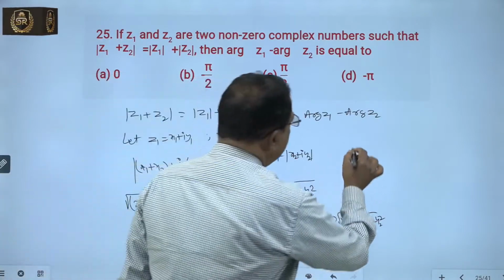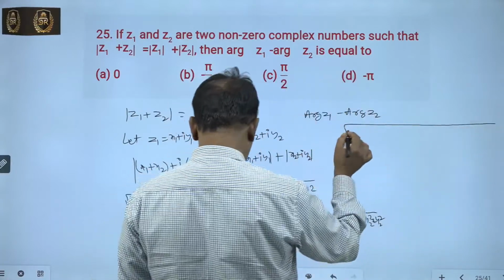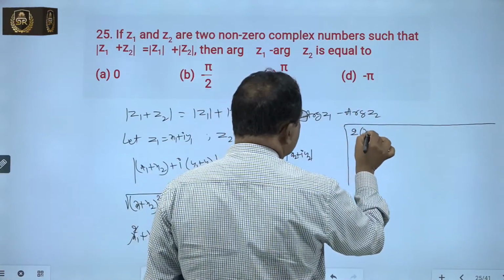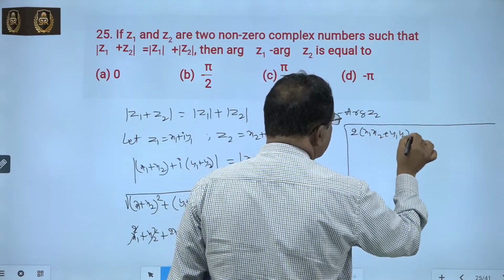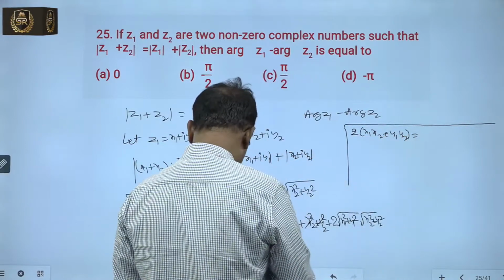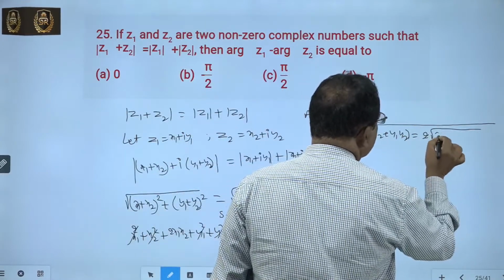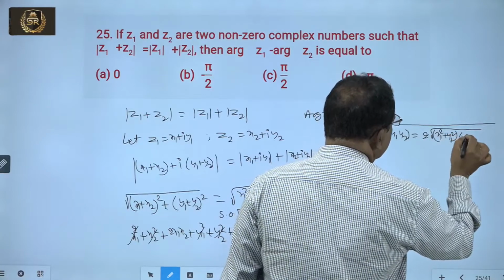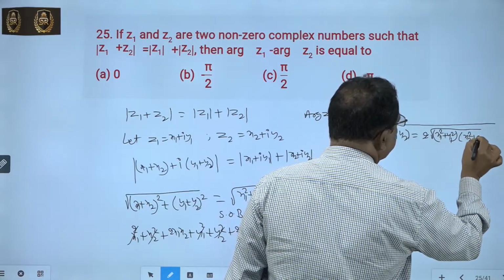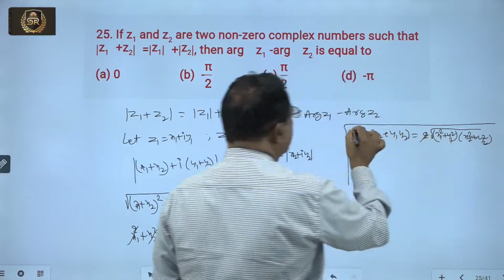Now the remaining value: 2 of x1x2 plus y1y2 equals 2 into the square root of x1 square plus y1 square into x2 square plus y2 square. Now 2 also cancels.